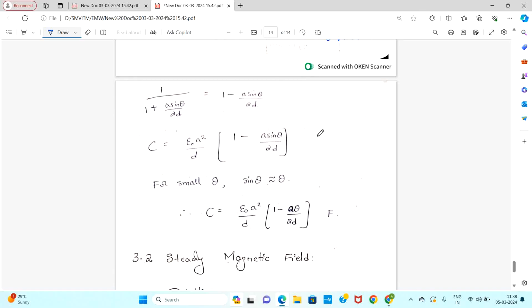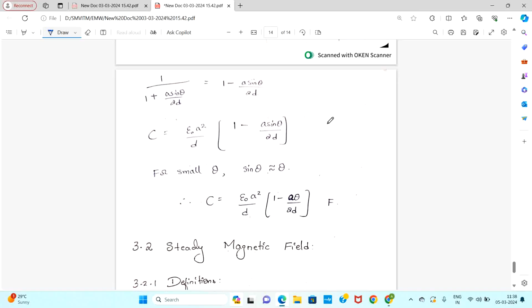And now you see that the total theta is small. So whenever you have a very small angle, the sine theta value can be approximately written as theta itself. Do you know what is sine 0? Sine 0 is 0, right? If I take any other small value like the sine of 10 degree, okay, let's just see what is the value of sine 10.